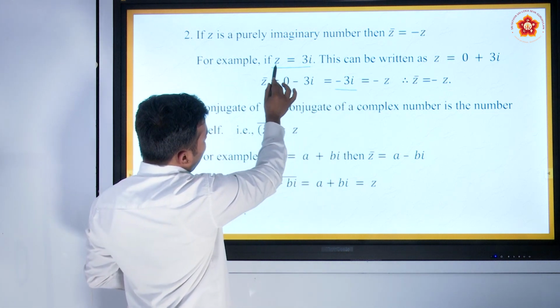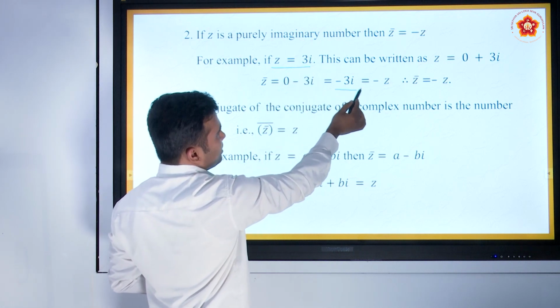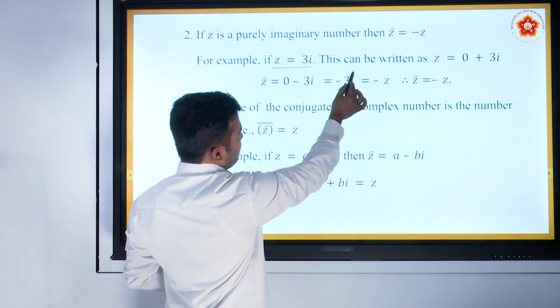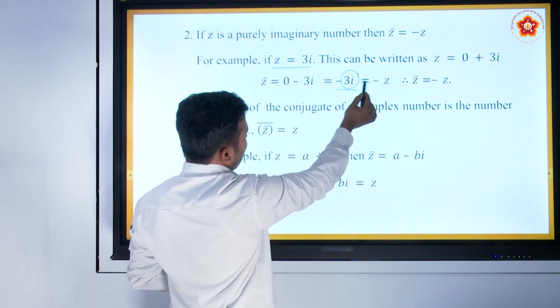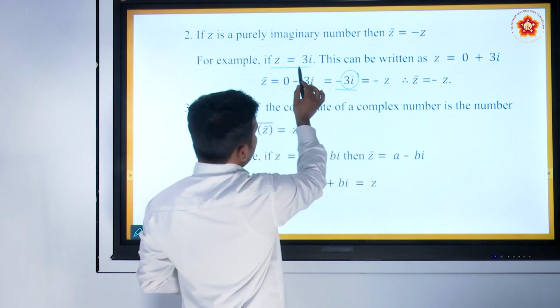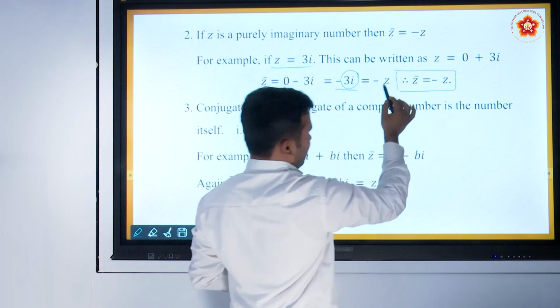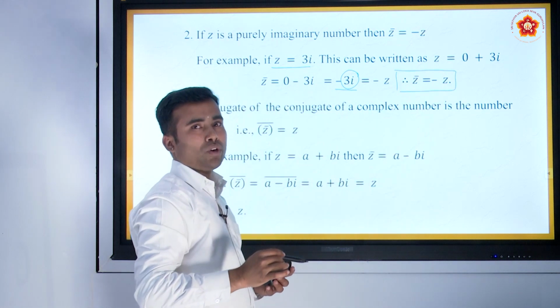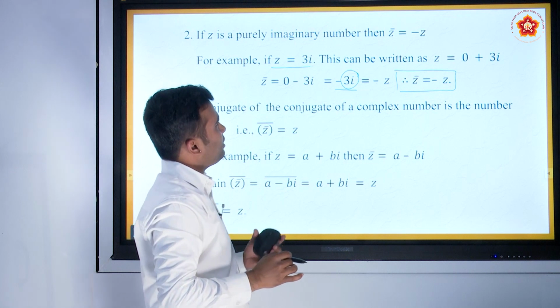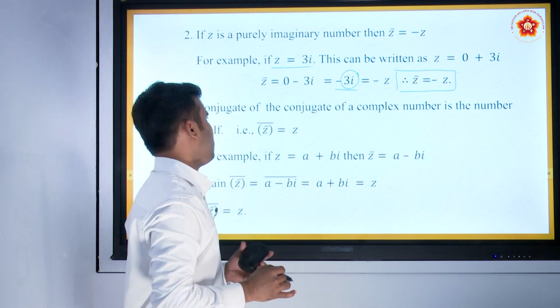So I have z equal to 3i and z bar equal to minus 3i, and 3i can be replaced as z, so minus into z is minus z. Hence we can conclude z bar is equal to minus z when z is purely imaginary.